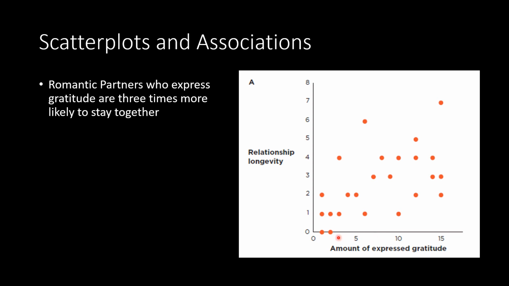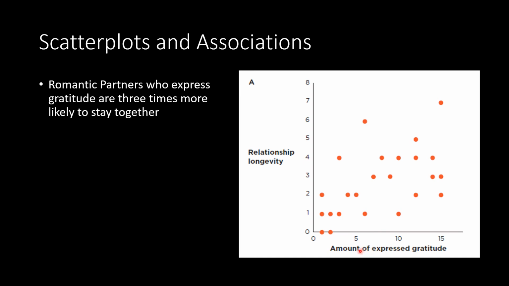And here you can see that if we were to try and draw a line that best captures this information, that line would probably be something like from here going kind of along this way. And you can see that that line tends to increase, such that as the amount of expressed gratitude increases, so too does it seem like relationships tend to last longer.